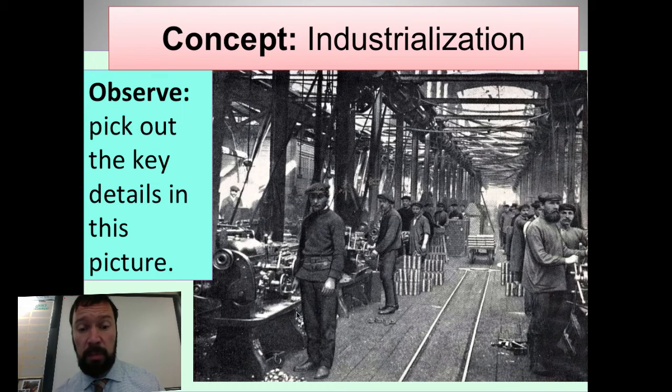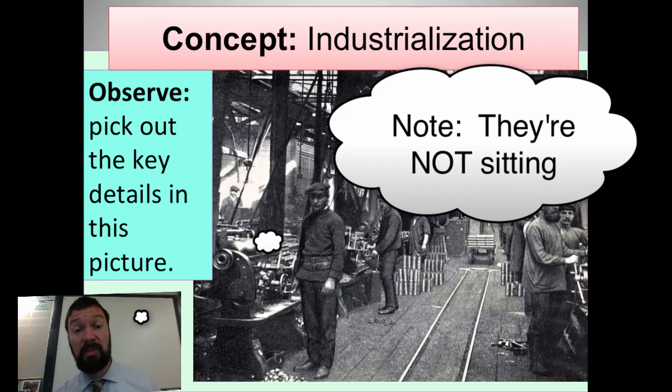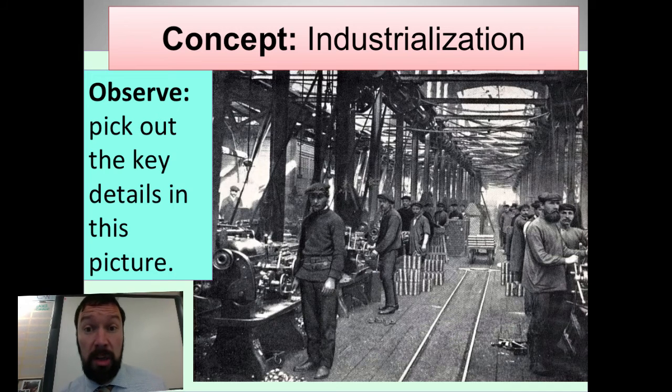This guy would press the piece of metal, this guy might curve it in some direction, and this guy passes that on, and this next guy does something else with it until it gets stacked here when it's done. They're sitting there for over 12 hours a day in a lot of cases, doing the same thing over and over. That is what industrialization looks like.